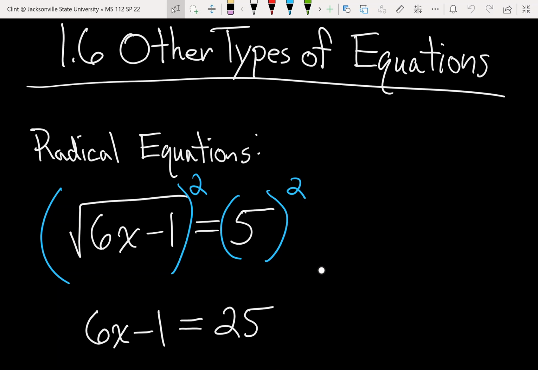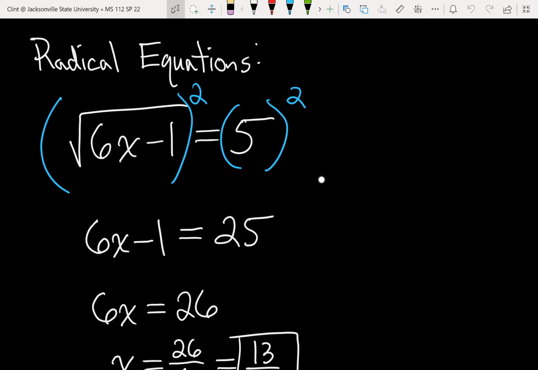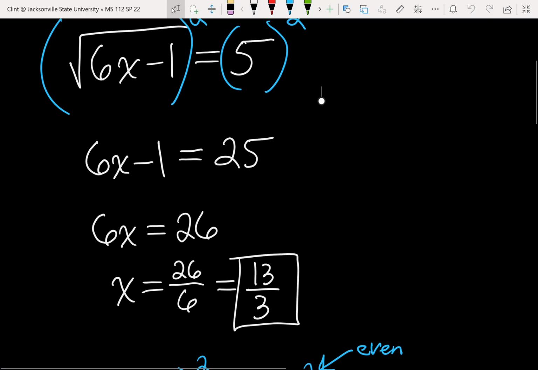We can use the same strategy, but if we have a square root, we said we could square both sides, as long as we had the radical by itself on one side. We square both sides, that cancels out the radical, and then we can go wherever it leads us from there.